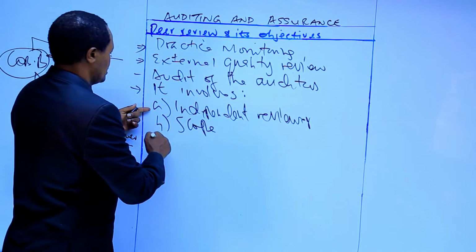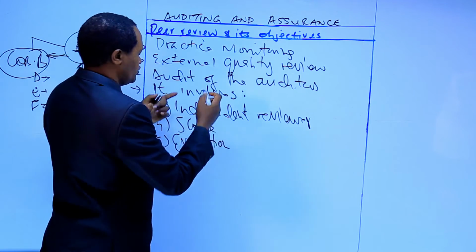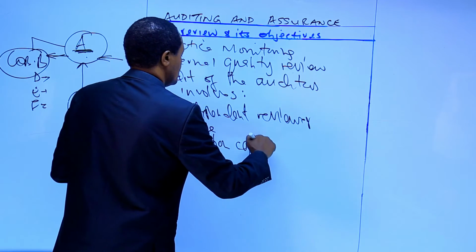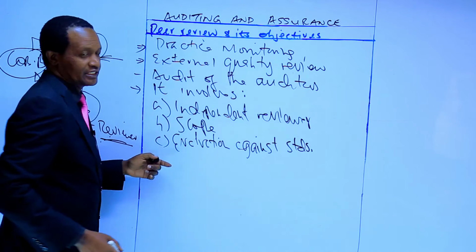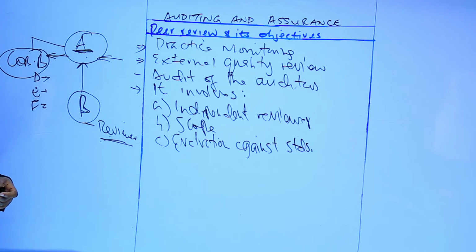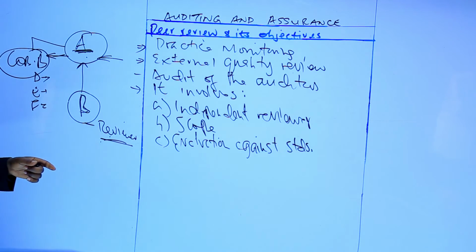The third thing is evaluation. A peer review involves evaluation against standards. The reviewing firm evaluates the reviewed firm's compliance with applicable professional standards.